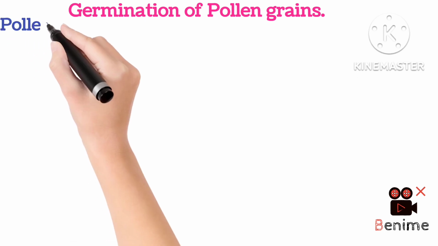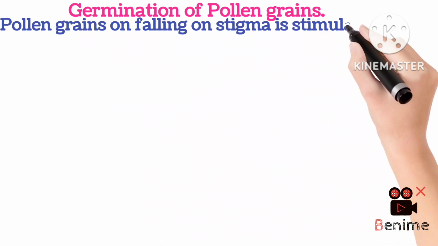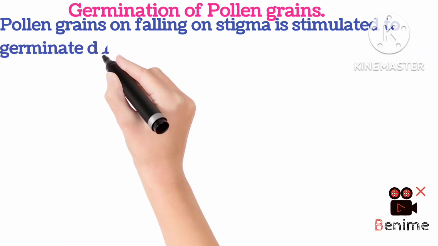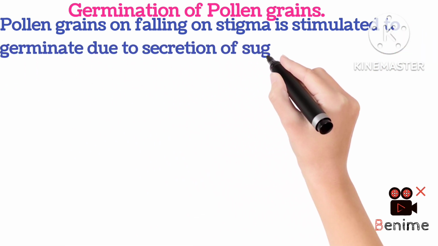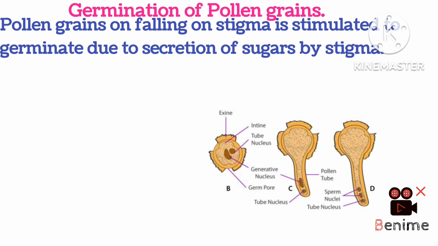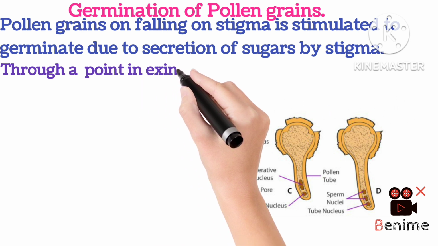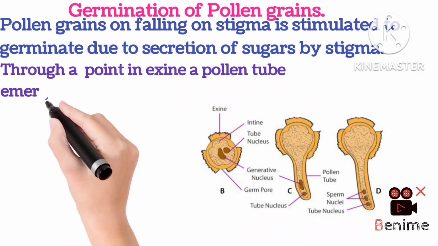Germination of pollen grain. Pollen grain on falling on stigma is stimulated to germinate due to the secretion of sugars by stigma. The picture shows how the pollen tube germinates.